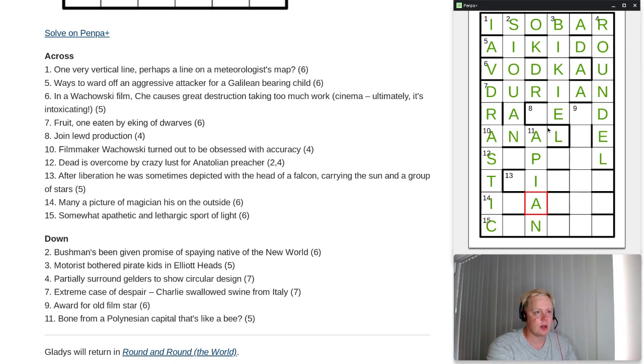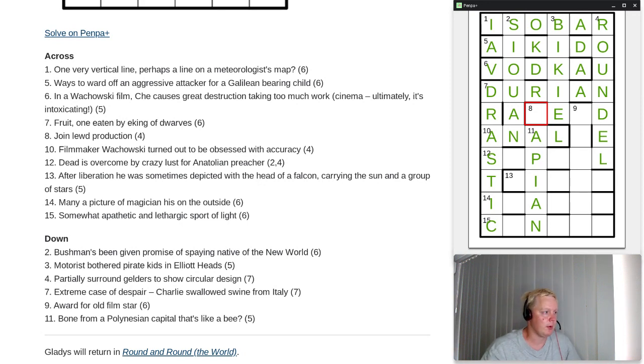Now then, how about this 8 across? Join lewd production. Very short clue. So production can mean you take the previous letters and you make a production out of them. You work them in some way. You anagram them. You put them in a different order.